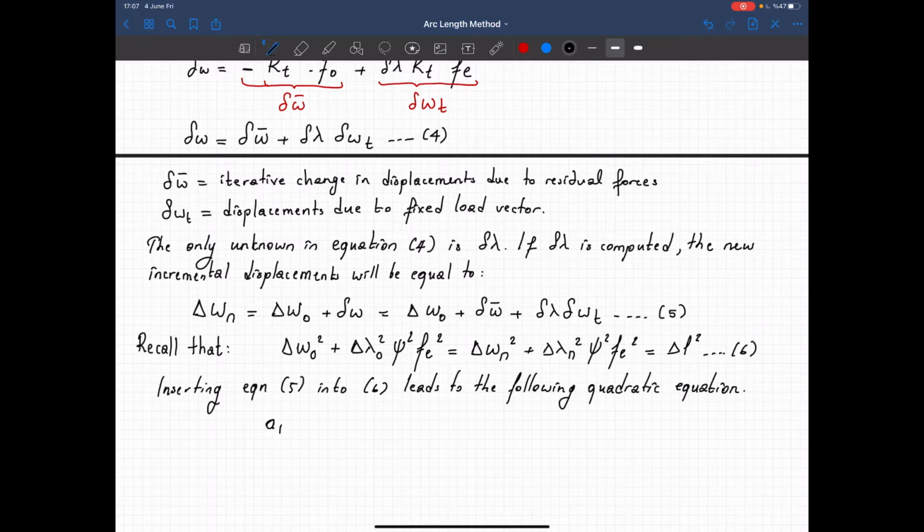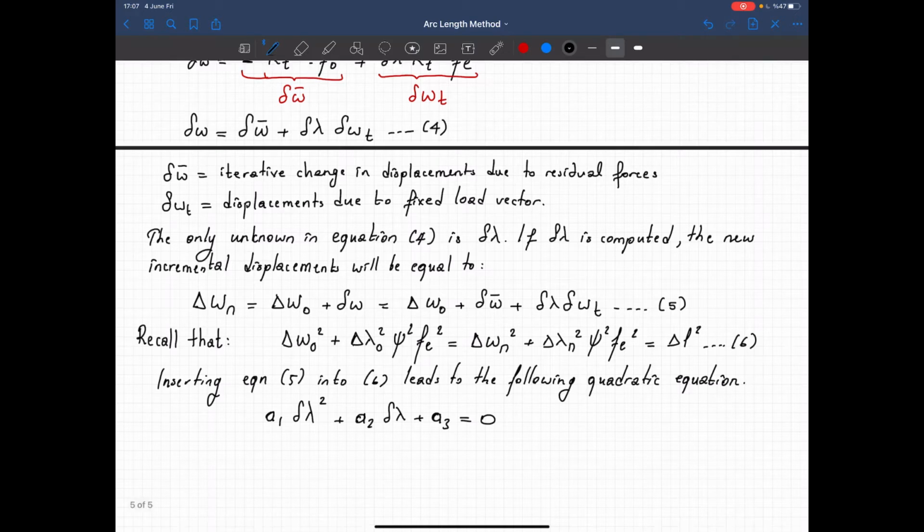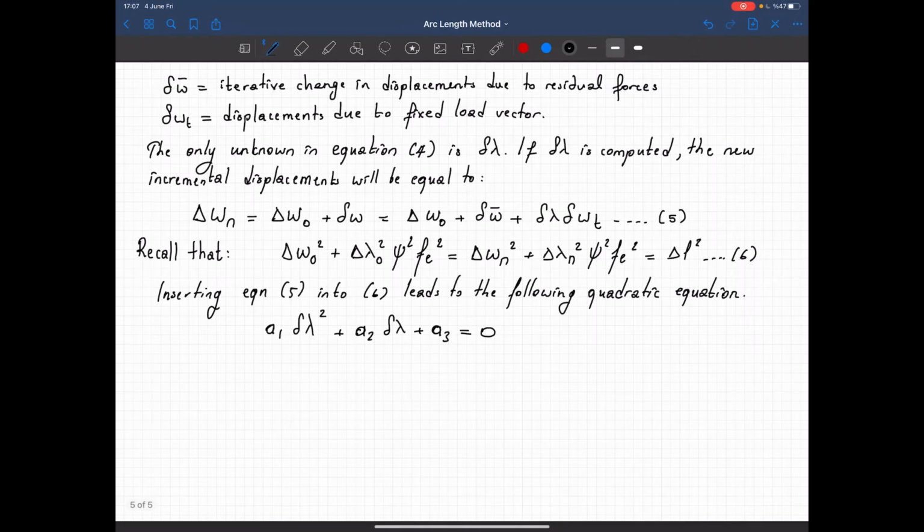So we have A1 del lambda squared plus A2 delta lambda plus A3 is equal to 0. And in this quadratic equation, A1 is equal to V_T squared plus phi squared fe squared.